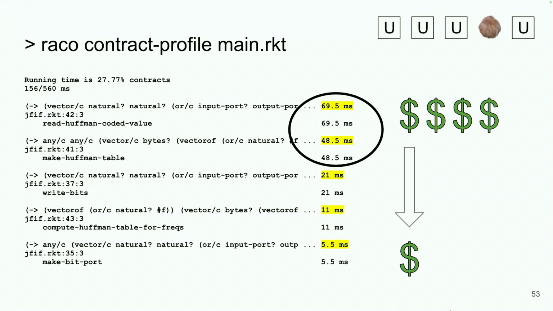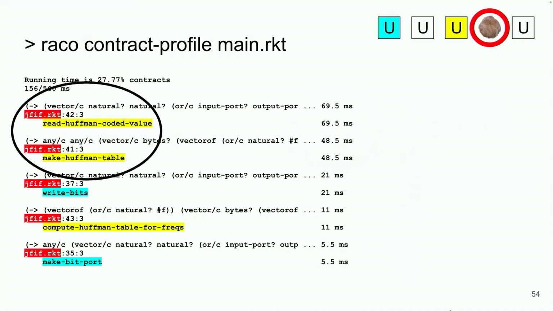And so it turns out that these first 2 contracts come from the same boundary in our program. If you look at the text over here, we see that this JFIF module and the Huffman module is where these other functions are coming from.